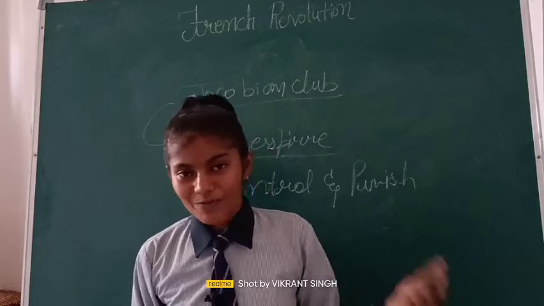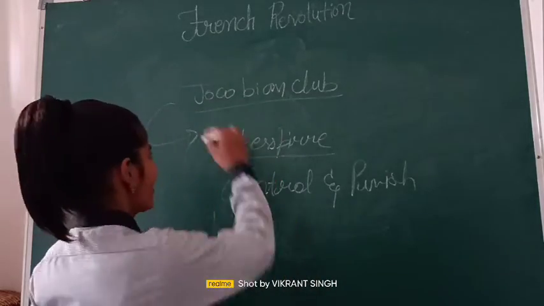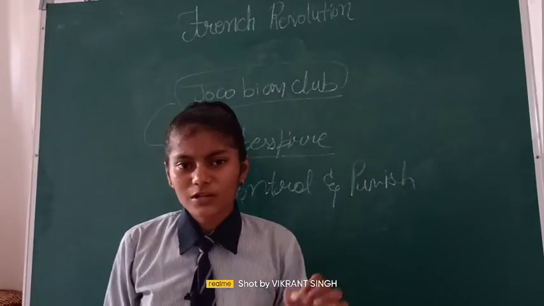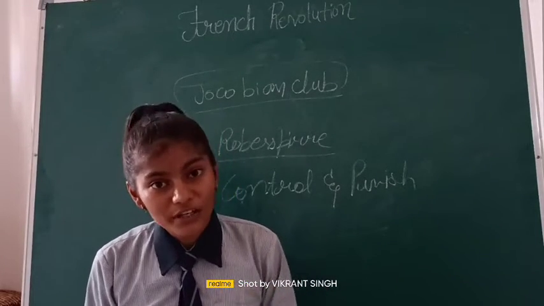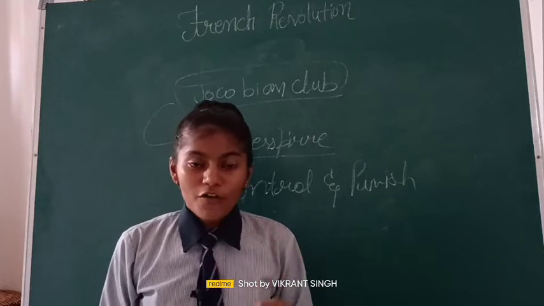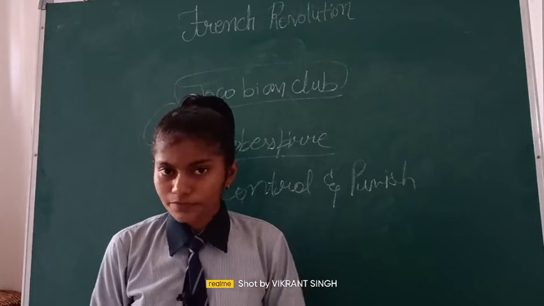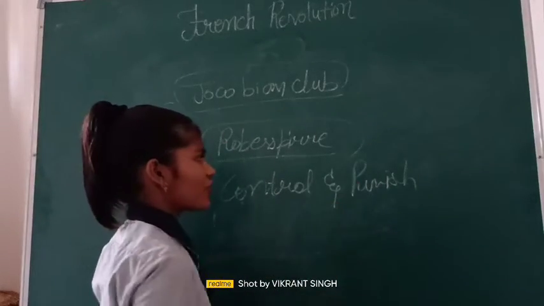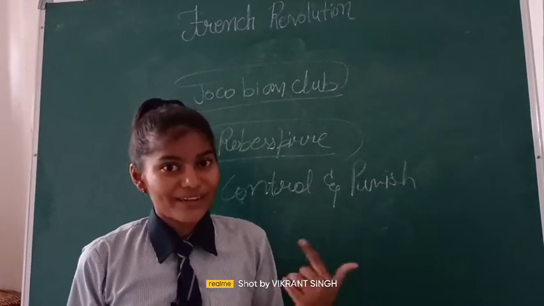Control and punishment was a kind of motto of the Jacobin Club. The Jacobin Club is also very important, a kind of revolutionary hub for the French people.